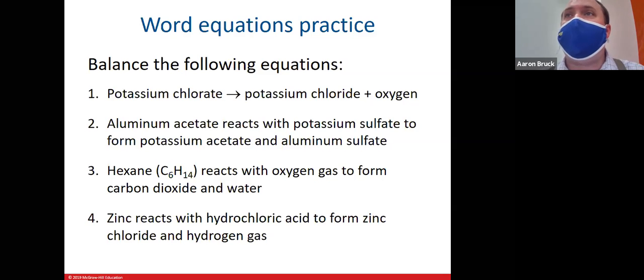And if that wasn't hard enough, I then have to make those compounds into a balanced chemical equation. I've got to do all of that balancing, atom economy kind of stuff. So we've only got about 5 minutes. Let's take a look at this first equation.